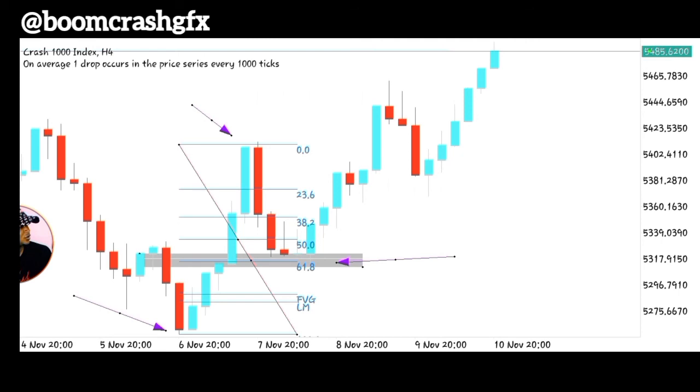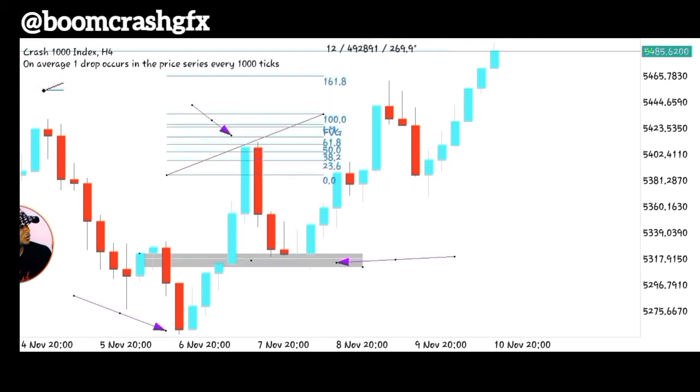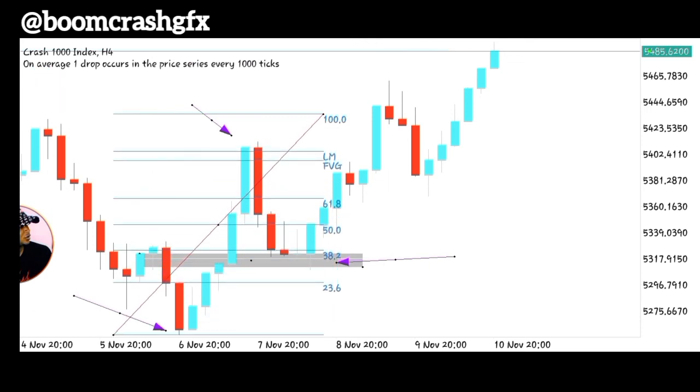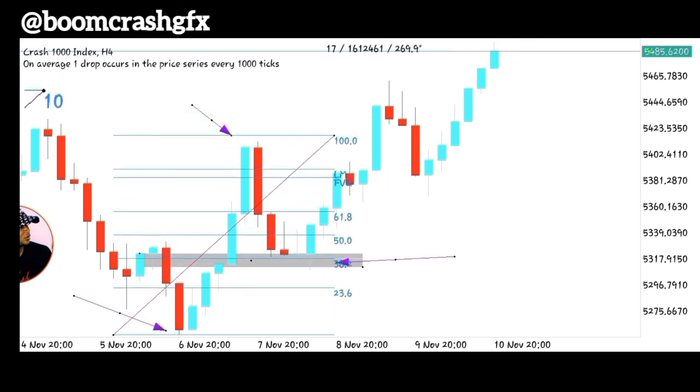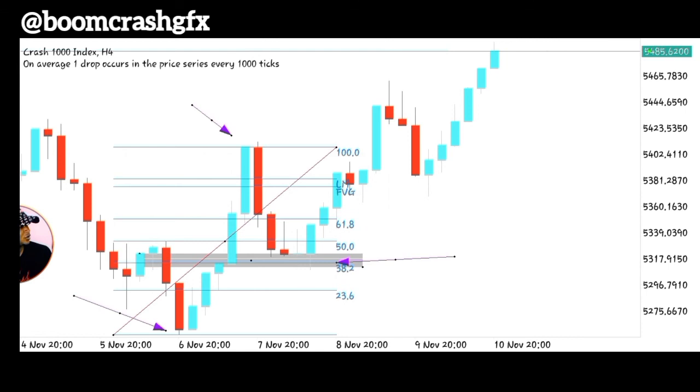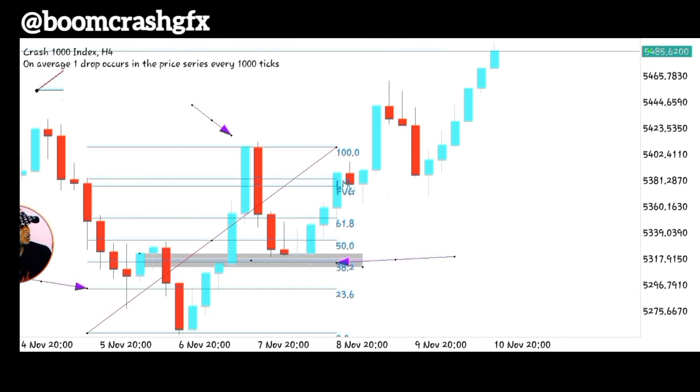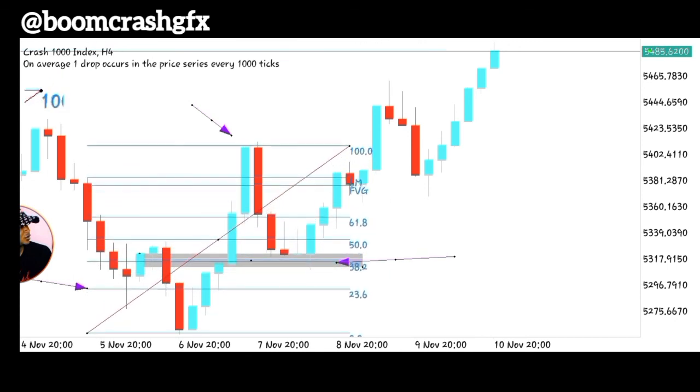It might not possibly work out for you if you mistakenly draw your levels from 100 while trading an uptrend to 0, putting 0 at the bottom and 100 at the top. You can see that it's not actually working out.